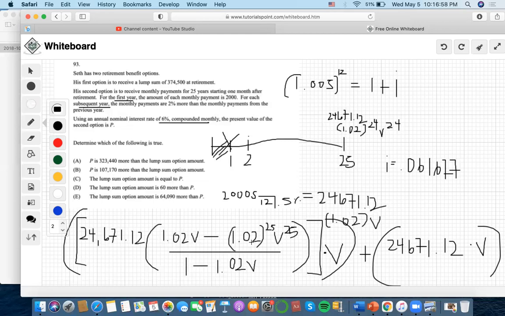And then we're going to do minus 1.02 to the 25. The first part is going to be 0.960744, right? And then now we're going to do minus 1.02 to the 25.